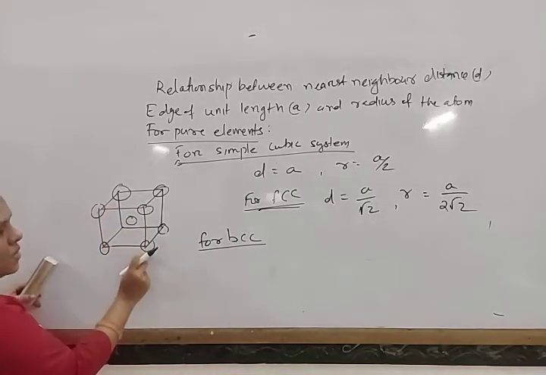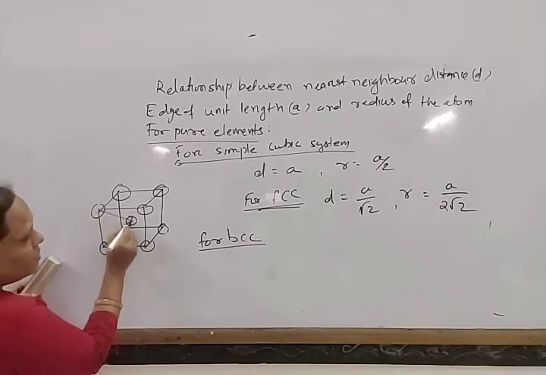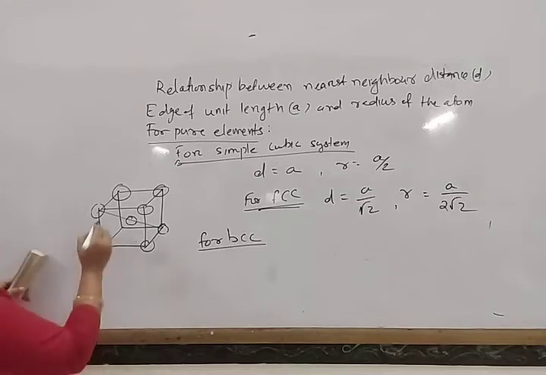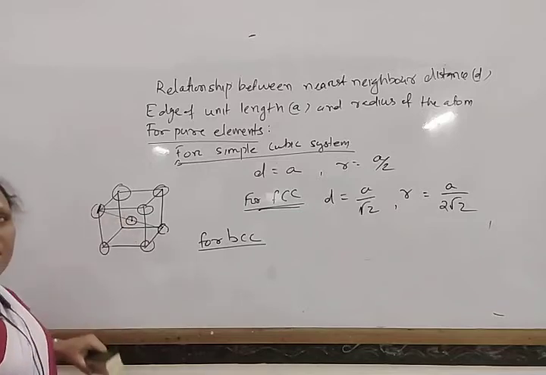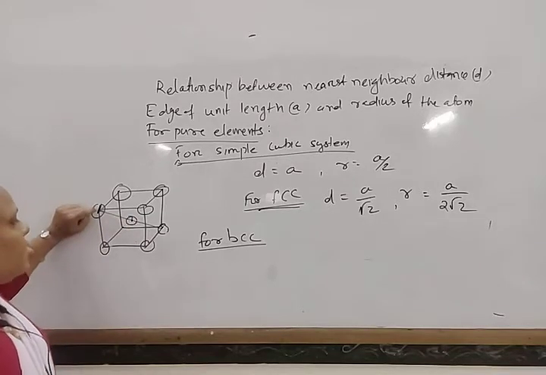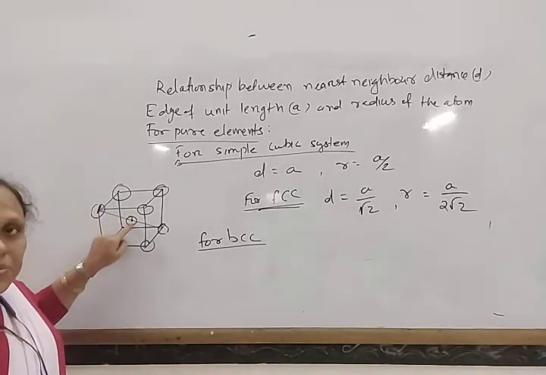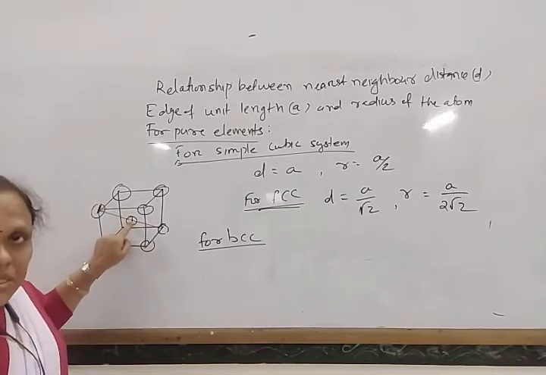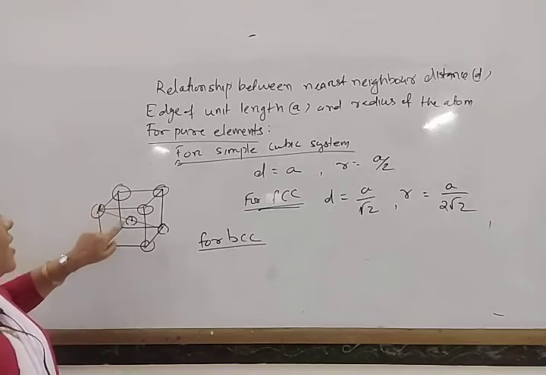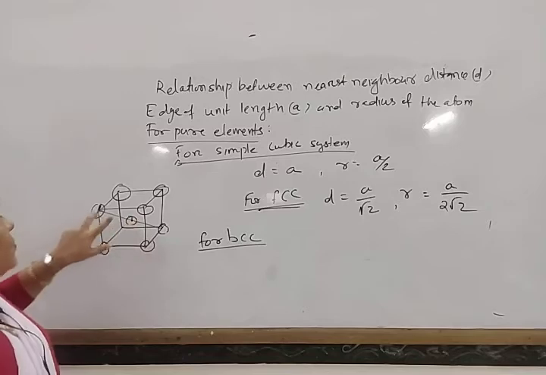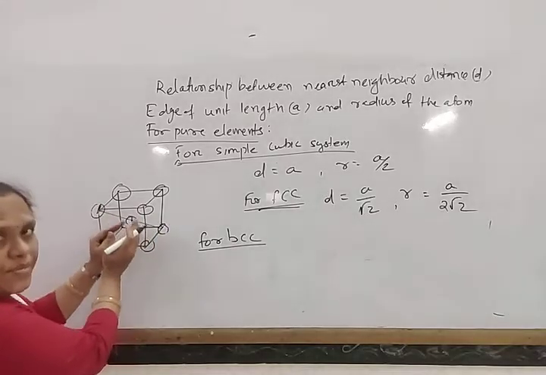When we consider the nearest neighbor, we have to join these points. The distance from the center of the corner atom to the center of the atom at the body center of this unit cell is known as the nearest neighbor distance when these are very close.